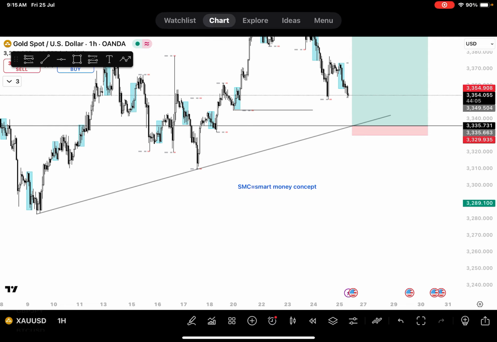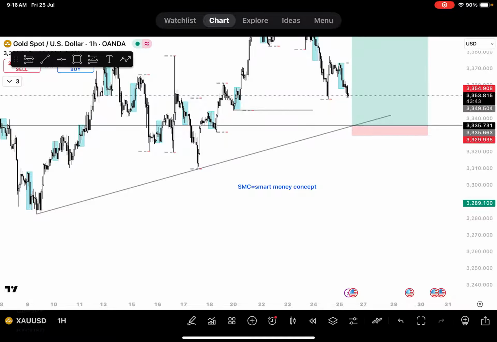So for those of you that are confusing yourselves about the meaning of SMC and SLP, because some people are comparing it, saying that SMC is different from SLP. You understand? SLP means structure, liquidity, and POI.